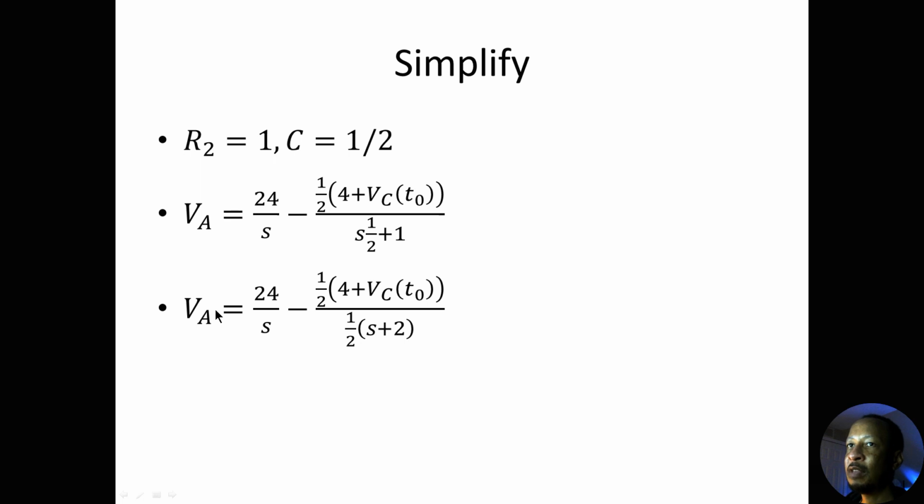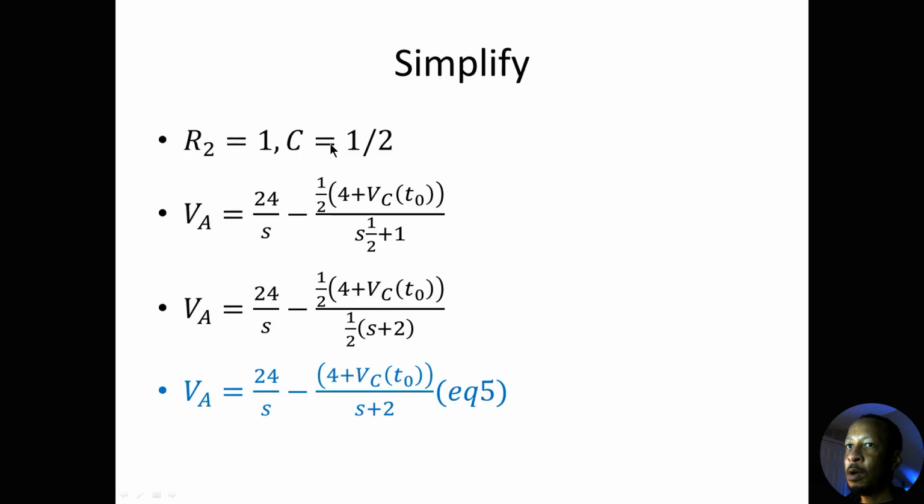And now VA is equal to 24 over S minus 1 over 2 times 4 plus Vc of t sub 0, all of that divided by 1 over 2 times S plus 2. And then finally we have VA equals 24 over S minus 4 plus Vc of t sub 0, all of that divided by S plus 2, and that is equation 5.